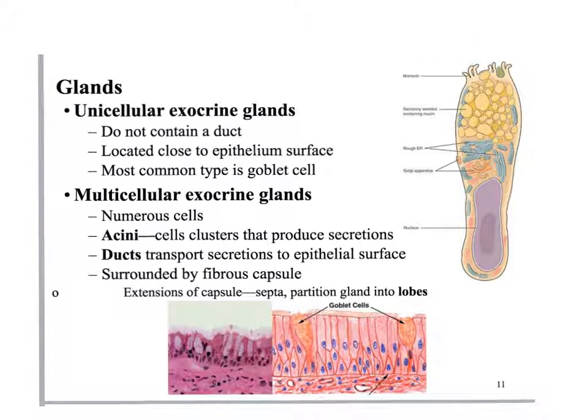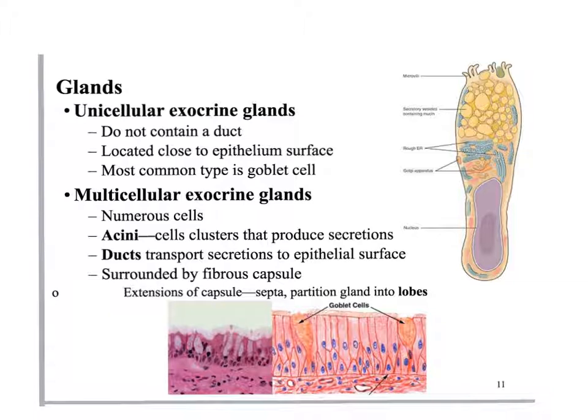The most common type is the goblet cell. Down here, you see pseudostratified epithelium. The lighter pink or lighter purple areas you see there are goblet cells. Another example of goblet cells inside a pseudostratified epithelium.